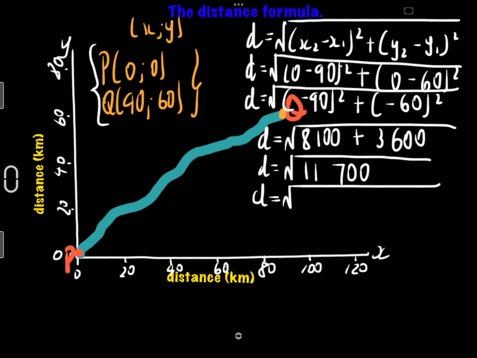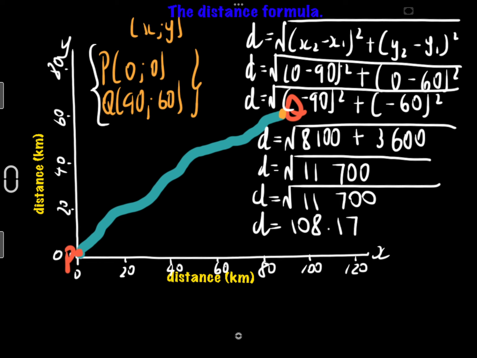So when we take the square root of 11,700, we get, the distance now is equal to 108.17.